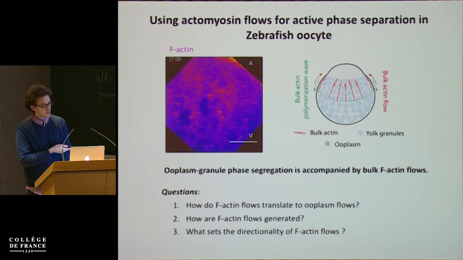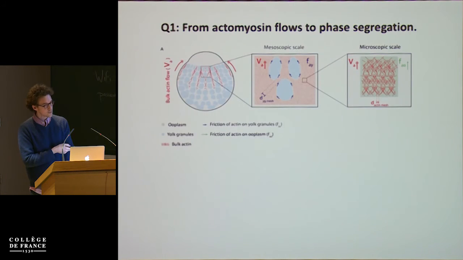I'll just go through a little bit the key steps of what we've been doing. What we did is actually a very minimal model, where you really need to consider 3 phases. You need to consider the actin, the actomyosin, as an active gel. You need to consider fluid, and you need to consider granules.